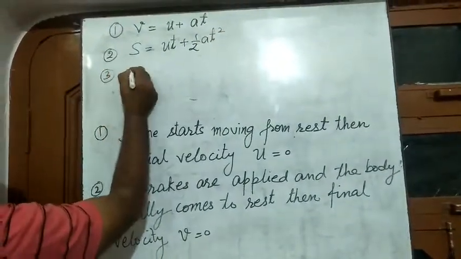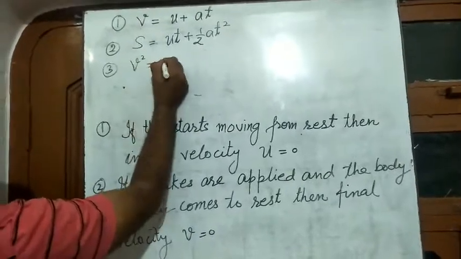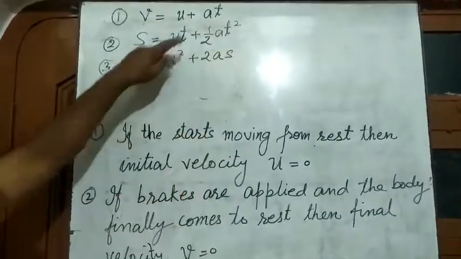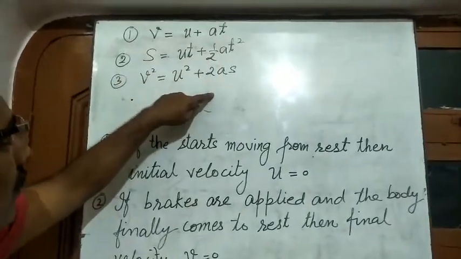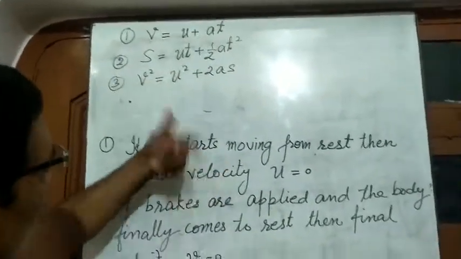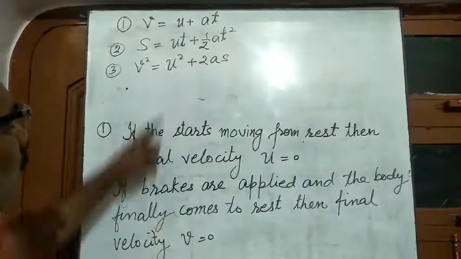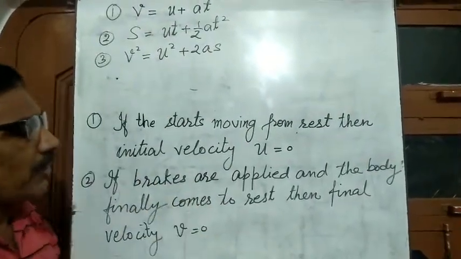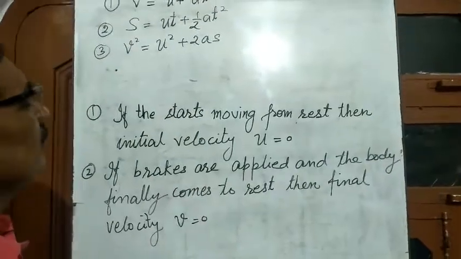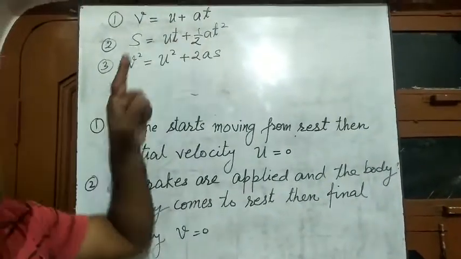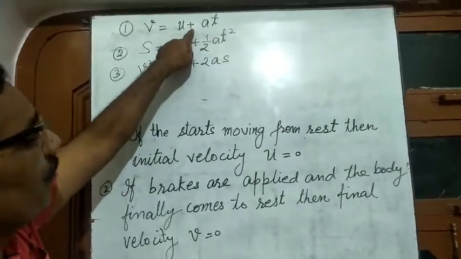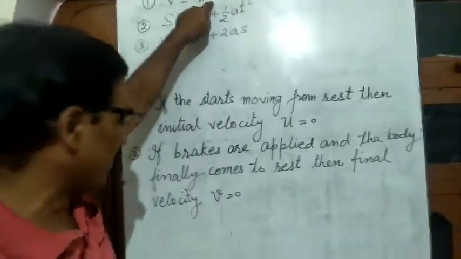Third equation, v square is equal to u square plus 2as. Here acceleration is positive, the velocity of the body is increasing, so we have taken positive. But if brakes are applied, then velocity will go on decreasing. In that case, acceleration a will be negative. So in place of plus, we will take minus.